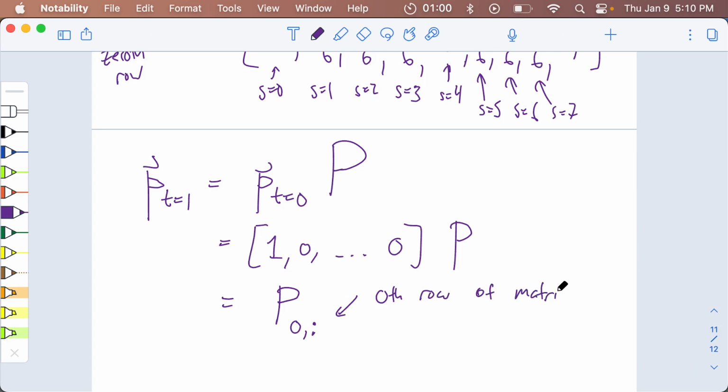So when you matrix multiply on the left, you are doing a linear combination of the rows. If you have a 1 in the 0th entry and all zeros, you just get a copy of the 0th row of the matrix.